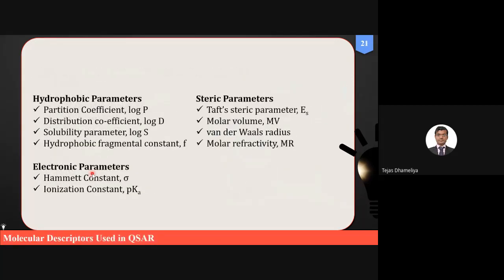Some of the parameters we will be calculating in the practical, such as molar refractivity and log P. I think we will start learning this at the very beginning. In parallel, it should go hand in hand. Whatever you are learning, the same thing you should also practice, hands-on, with software exercises.